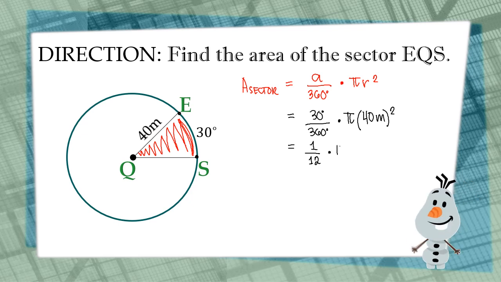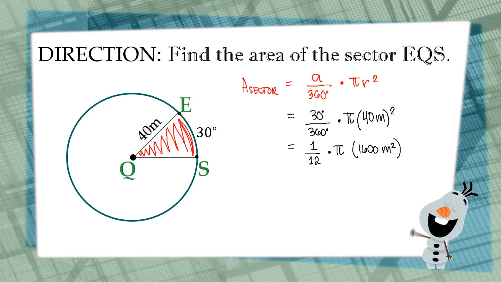Then I'm just going to copy the pi first, and 40 meters times 40 meters, so we can have 1,600 meters squared.